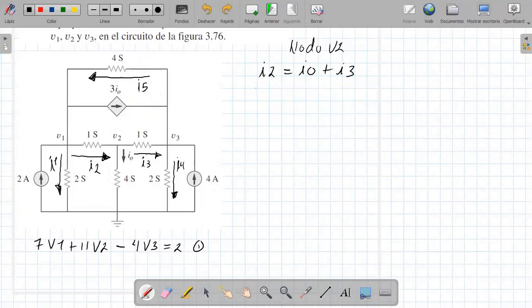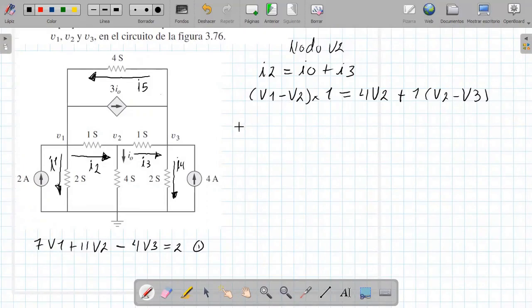2I2 would be V1. Coming this way would be 4 times V2, and coming this way would be 1 times V2 minus V3. So, it would be V1 minus V2 over 4, V2 plus V2 minus V3.